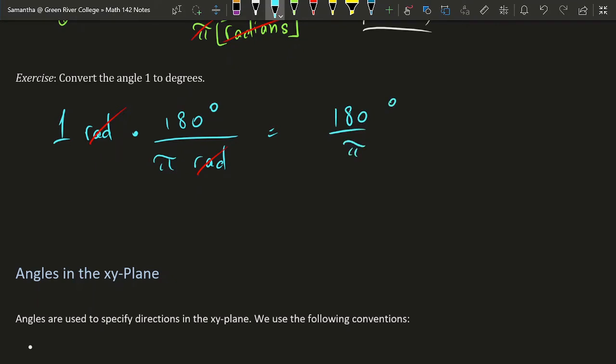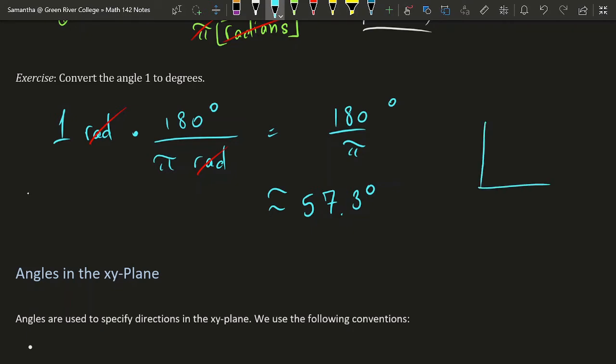Now this as an answer is perfectly valid, but it's not particularly meaningful right now. I'm having big trouble envisioning what this angle looks like in my mind. So let's find a decimal approximation for 180 divided by pi. Off on the side, I used my calculator, and this works out to be approximately 57.3 degrees.